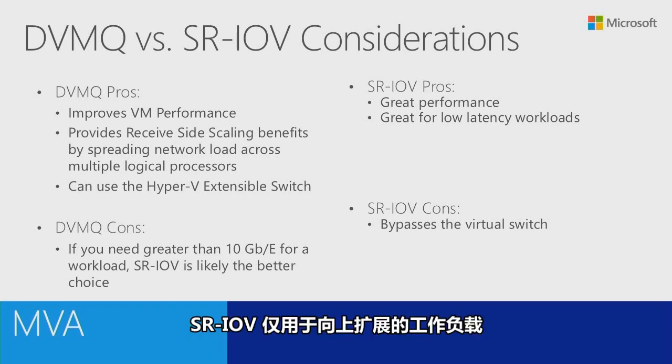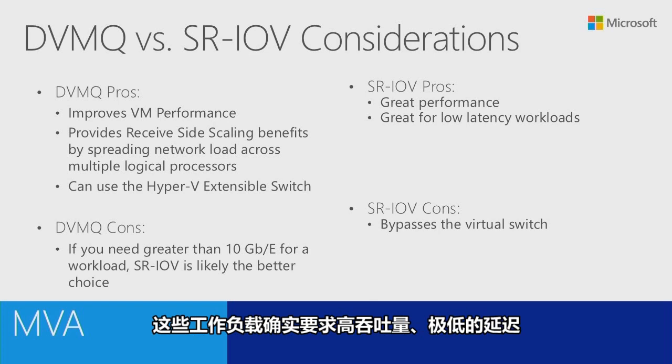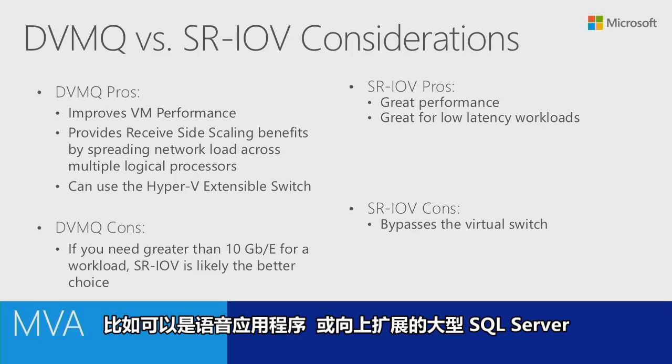Think about SRIOV as really for those scale-up workloads, those workloads that have demanding, high throughput, especially low latency, maybe VoIP applications, for example, or that massive scale-up SQL server. If you need 10 plus gigabit NIC performance in a VM, SRIOV is going to be the way to do it. However, for pretty much everything else, the best way to do it is DVMQ.